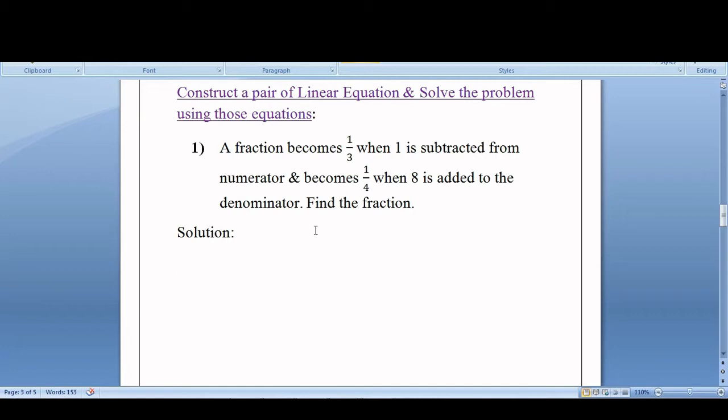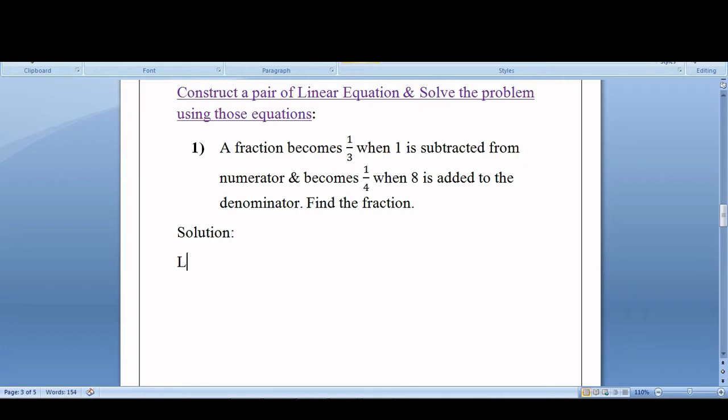Here is given a fraction becomes 1 by 3 when 1 is subtracted from the numerator, and becomes 1/4 when 8 is added to the denominator. Find the fraction. So here you can see there are two unknown quantities, the numerator part and the denominator part. At first, let us solve the problem by assuming the numerator as x and the denominator as y.